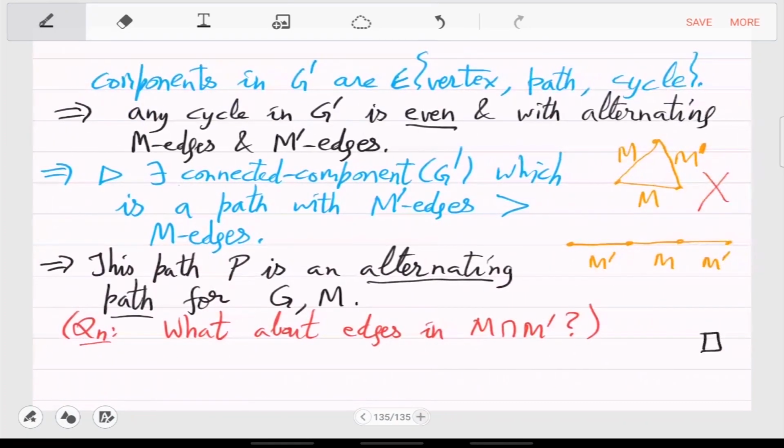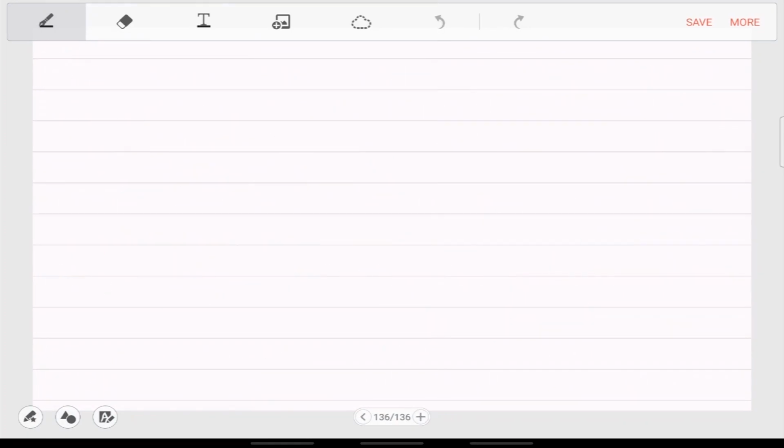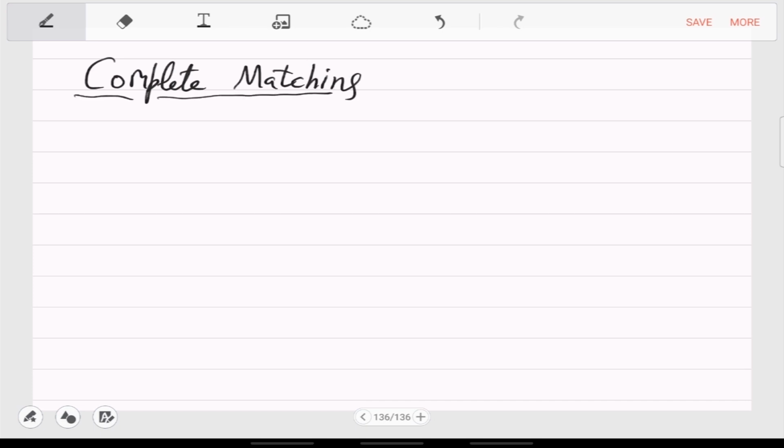So, you can define one more thing, which is complete matching. Complete matching is basically the case where you get the absolutely maximum matching possible.